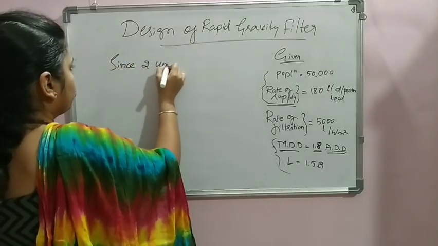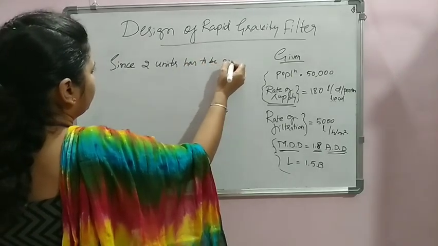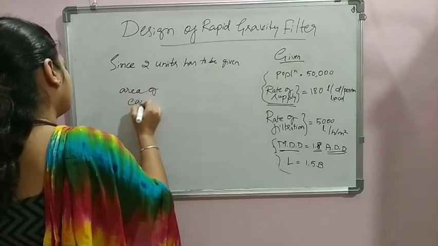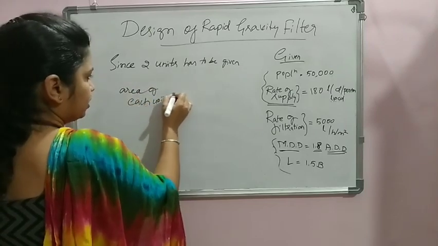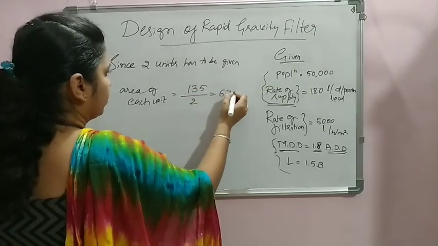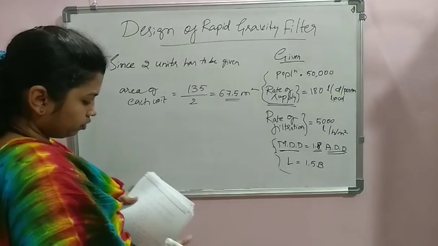Since 2 units have to be given, area of each unit is equal to 135 divided by 2, 67.5 meter square. This is the area for each of the units.